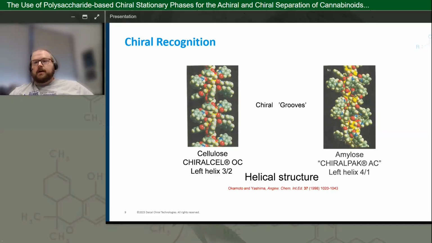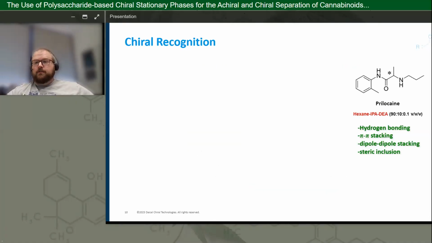It still has those pockets around the outside edge that we call chiral grooves, but they are more disordered, not as well defined. So, not knowing anything about chiral chromatography, just looking at these, you'd probably assume that these would behave differently when trying to do a chiral separation. And in fact, if we look at some examples of that, it's absolutely the case.